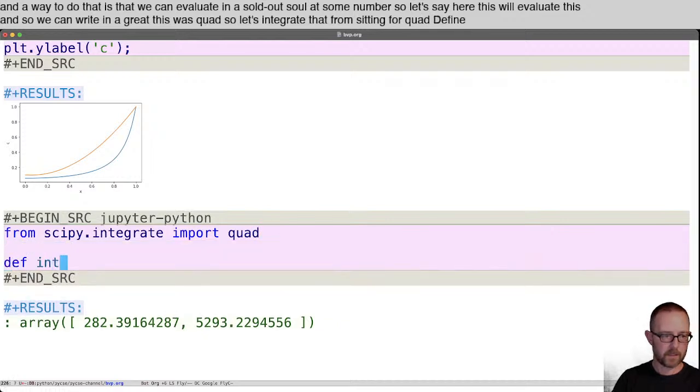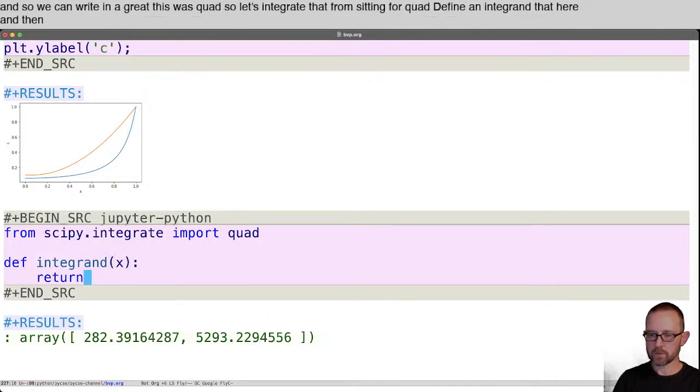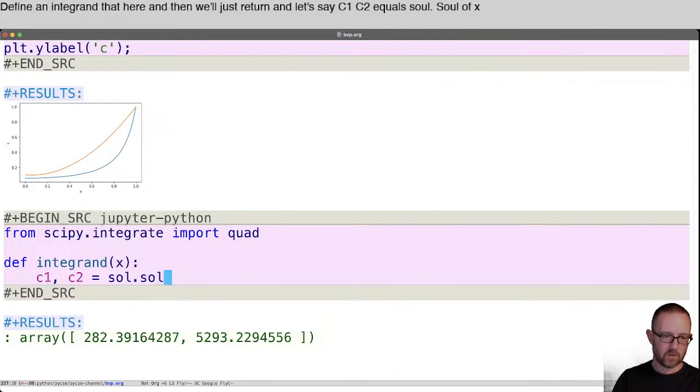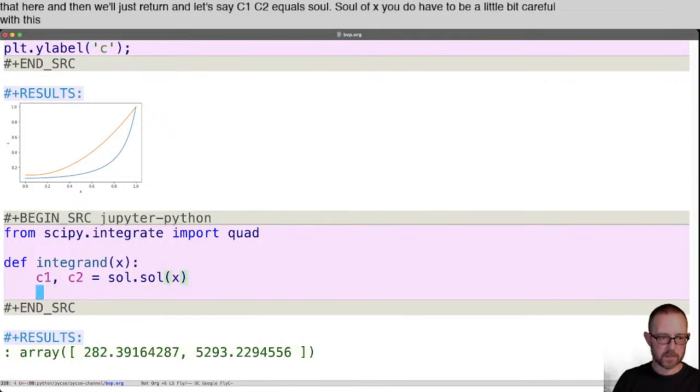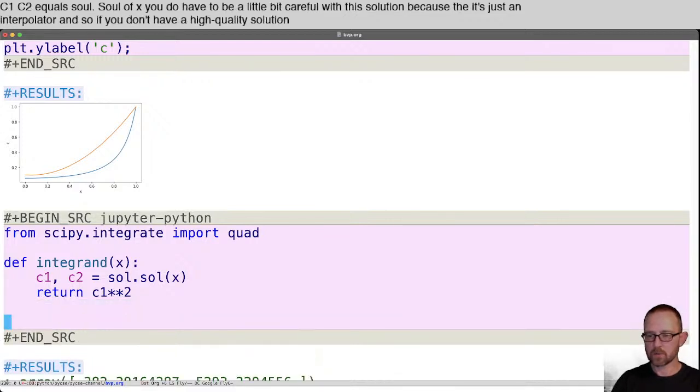We'll define an integrand that is here, and then we'll just return, let's say, C1, C2 equals sol.sol of x. You do have to be a little bit careful with this dense solution because it's just an interpolator, and so if you don't have a high quality solution, then it's not going to work.